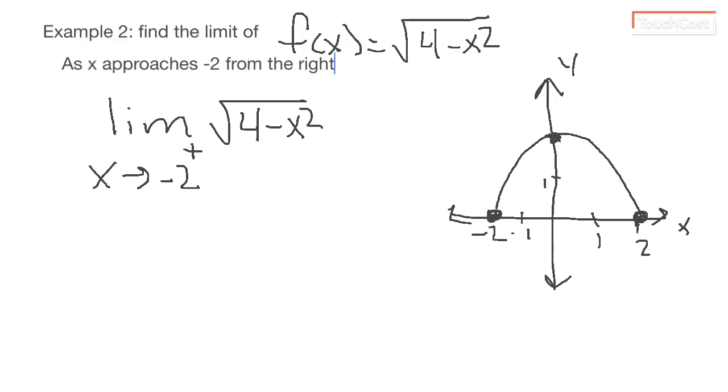If we are wanting to look at the limit as x approaches -2 from the right, we are going to follow our function until we see what is the value of f of x at -2 from the right side. And what we see is that this limit gets closer and closer to y equals 0. So the limit is going to equal 0.